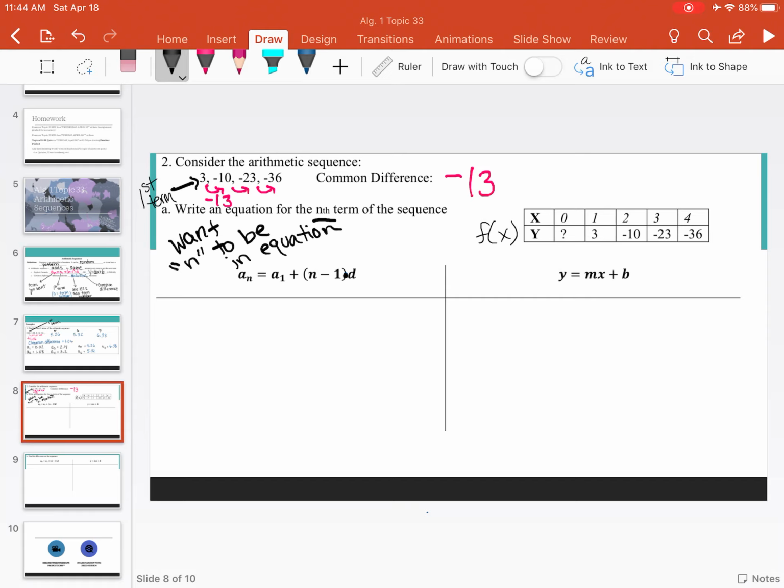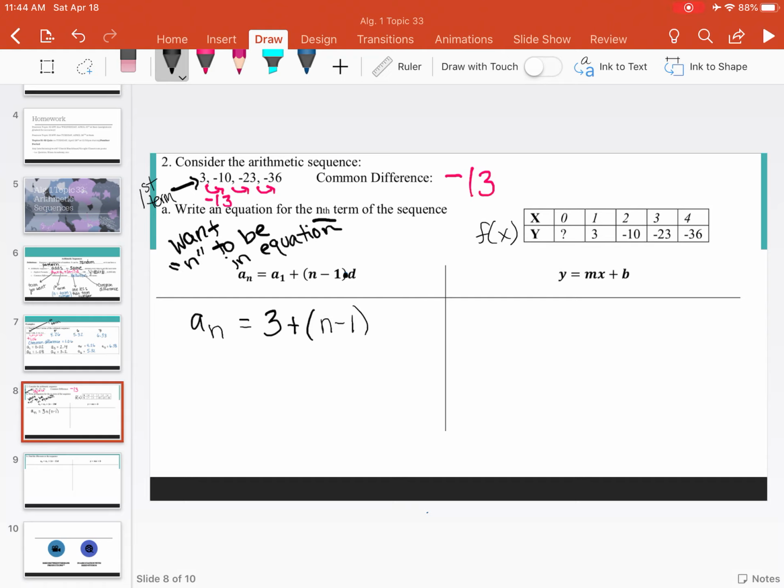So we're going to start off with a sub n equals a sub 1. Now a sub 1 is the first term. And looking at our sequence, what number is the first term? 3. So we can plug 3 in for a sub 1. Then we have plus n minus 1, because again, we don't want to get rid of n's.